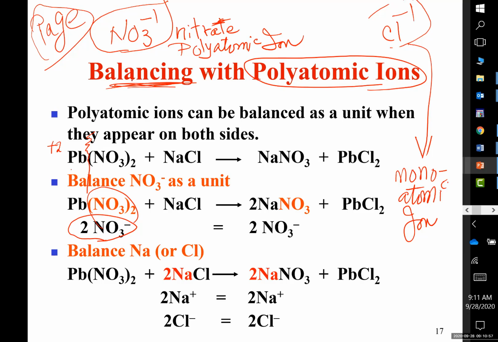That makes your life easier. That means if I see NO3, it's a polyatomic ion, I don't have to look at nitrogen and oxygen separately. I just look at NO3. I see there are 2 NO3 minus on the left. I need to place a 2 here to have 2 NO3 on the right. That makes your life easier.